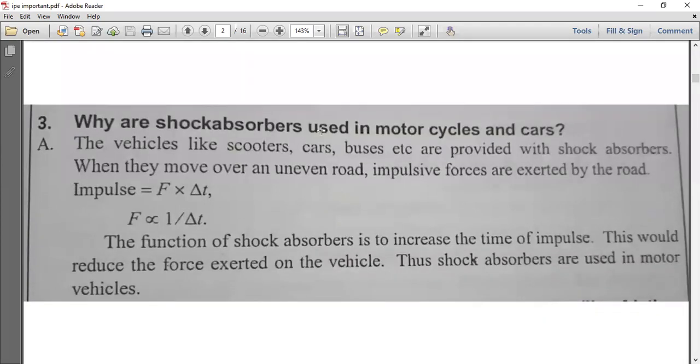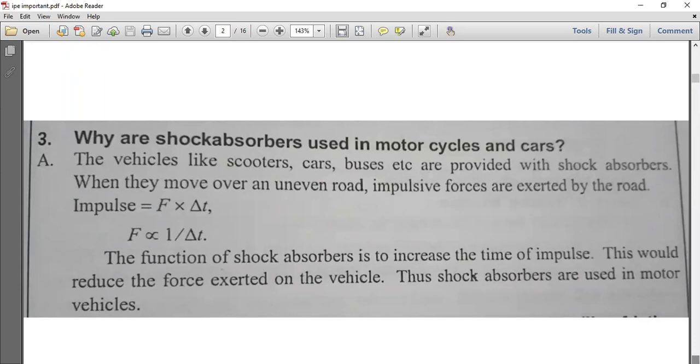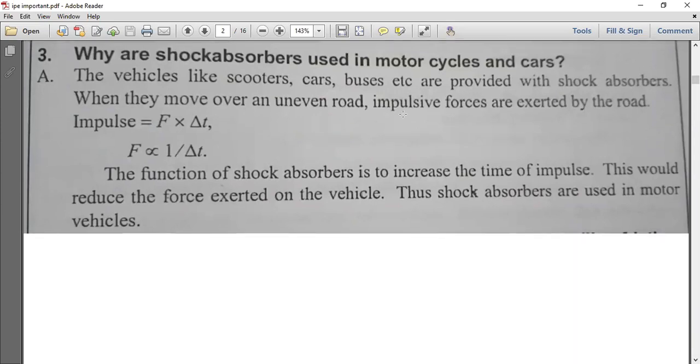See here. This doubt is, why are shock absorbers used in motorcycles and cars? So I am drawing one diagram. You can see here, this is a vehicle, and here is a spring, something like this.